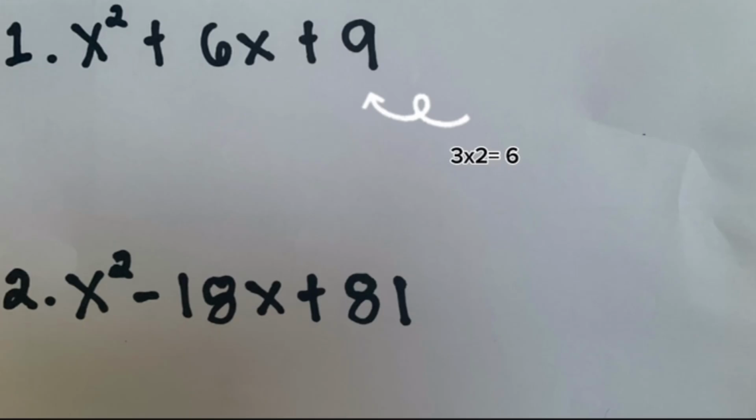So the square root of 9 is 3, times 2 is equal to 6. Definitely our first item is a perfect square trinomial.